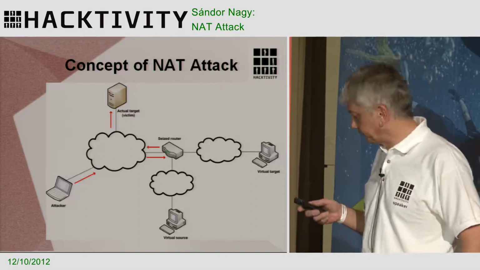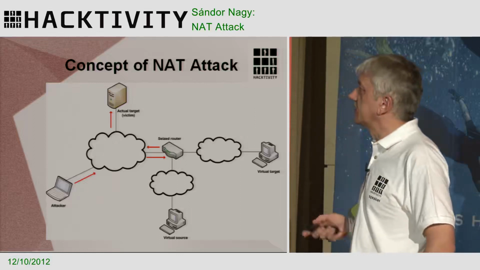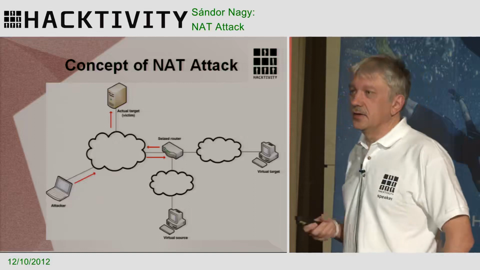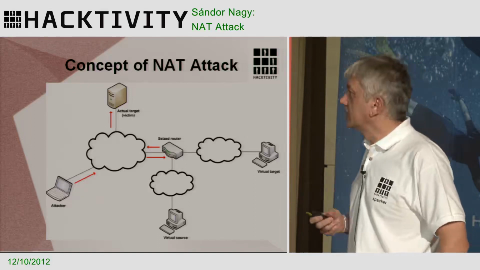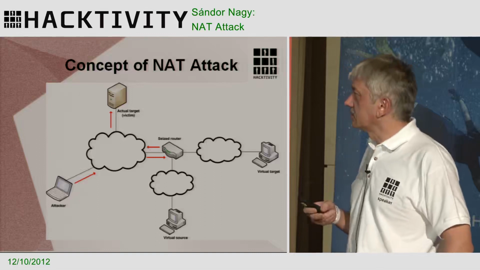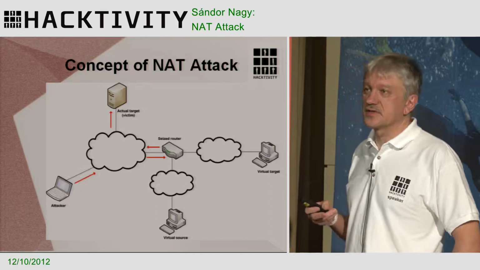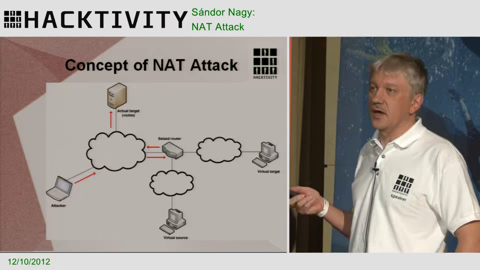So first of all, the attacker sends out a SYN packet. It's an IP packet, of course, and the source address in this phase is the attacker's real IP address, and the destination address is the virtual target's IP.